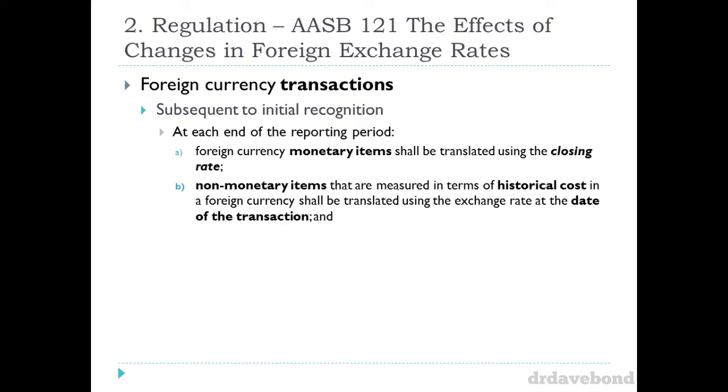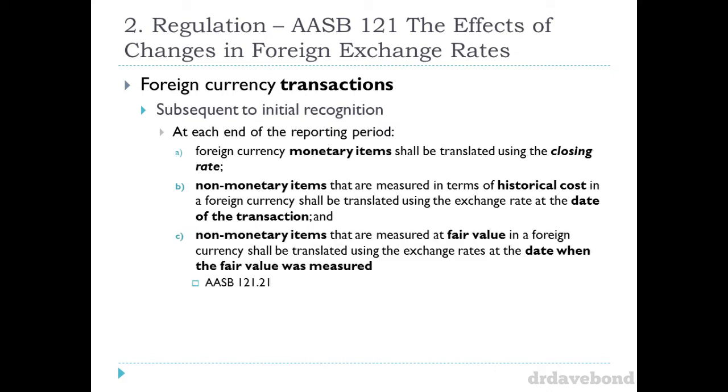Non-monetary items. So if we've purchased property somewhere, and that property is denominated in foreign currency. If it's historical cost, so it might be using the cost model, if it's property, plant, and equipment, you use the rate at the date of the transaction.